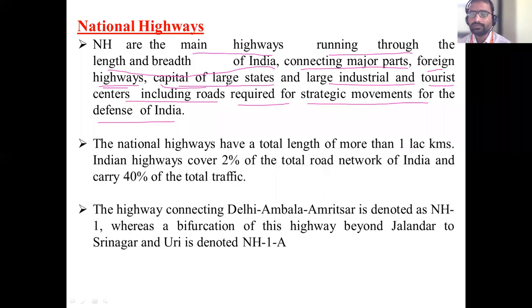Delhi to Bombay, Delhi to Goa, Delhi to Bangalore. There is a connection, correct? So large capital cities of states and large industrial and tourist centers. If there is a tourist center, then that is connected by the national highway, including roads required for strategic movement. You can call it up to this much.